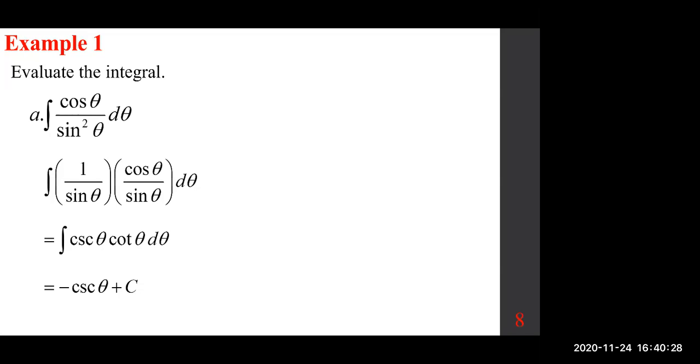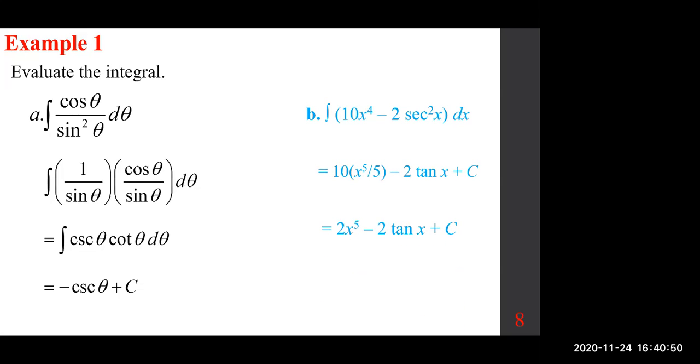Here's another example. 10x to the power of 4 minus 2 secant squared, and we want to integrate that. Well, let's do it piece by piece. 10x to the power of 4 becomes 10 over 5 x to the power of 5. And then minus 2, the derivative of tangent is secant squared, and a constant. So practically you're done. 2x to the power of 5 minus 2 tan x plus a constant.